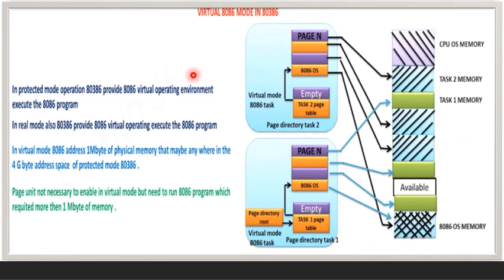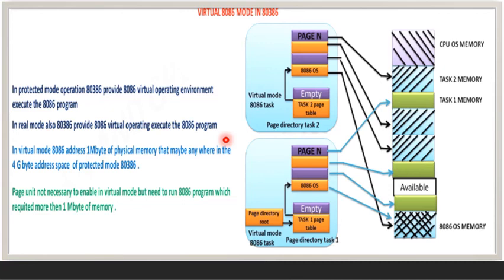Now let us discuss the virtual 8086 mode in 80386. In real mode, the 80386 is able to execute the 8086 program along with all capabilities of 80386. But once the 80386 processor enters protected mode from real mode, it cannot revert back to real mode without a reset operation.